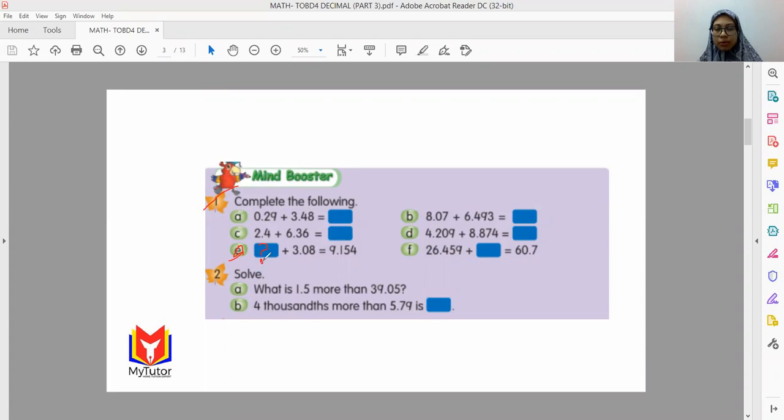We have some number, we do not know what number, plus 3.08 equals 9.154. So how do you solve this question? Do you want to try first, all three of you, Hana, Nadra, and Putri? Try solving it first. I want to see how you understand. Like I said earlier, it's going to be the same as what you've learned with whole numbers, so this one will be easy.